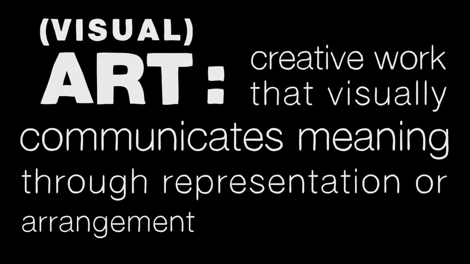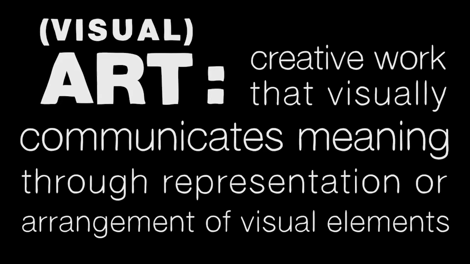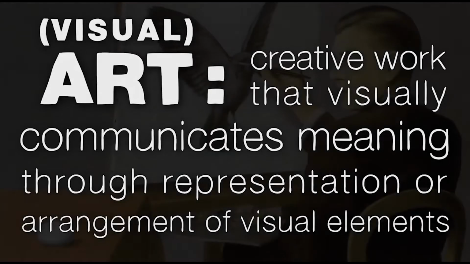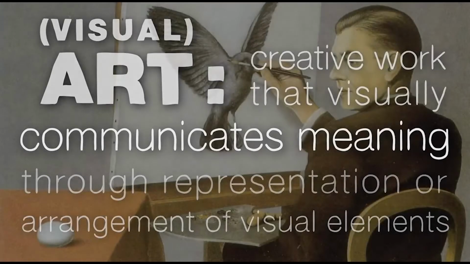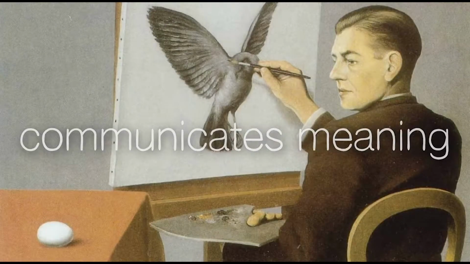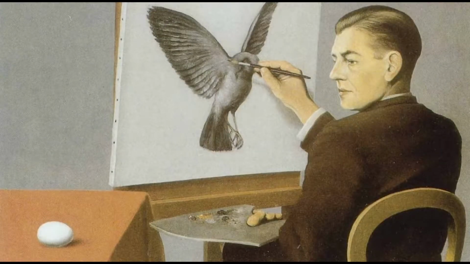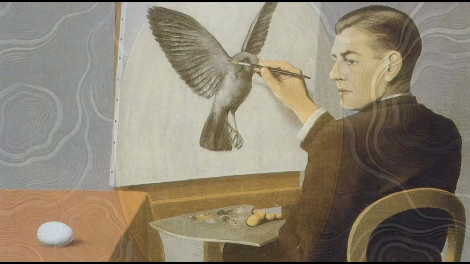So how do we define what we call art? Generally speaking, what we're talking about here is work that visually communicates meaning beyond language, either through representation or the arrangement of visual elements in space. Evidence of this power of iconography, or ability of images to convey meaning, can be found in abundance if we look at art from the histories of our major world religions.